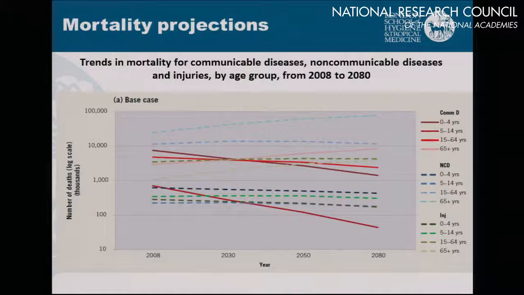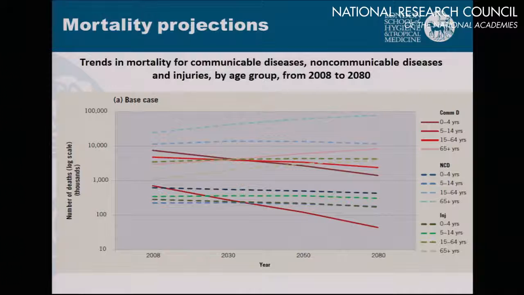You can see on the right that communicable diseases are the red lines. They're also split by age. It's over time. These are the projections of deaths by year from WHO. They also include economic growth, but also some assumptions about smoking rates and other major determinants. The communicable diseases, things like infectious disease, diarrheal disease, malaria, and malnutrition, are going down as they are now, and we expect them to carry on doing so.